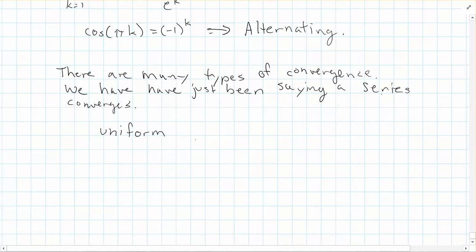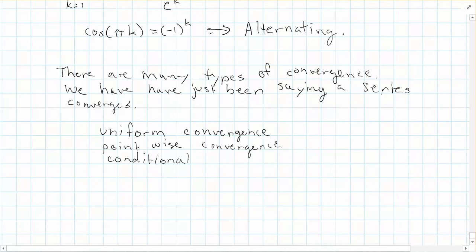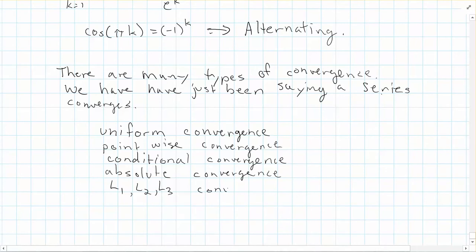We're not going to talk about all of these, but there is uniform convergence, pointwise convergence, conditional convergence, absolute convergence, there's things that are called L1, L2, L3 convergence.